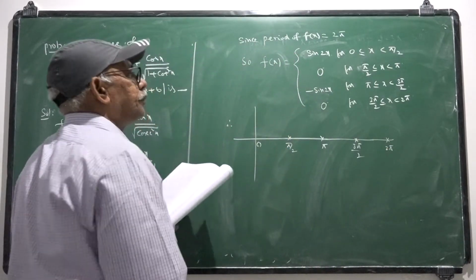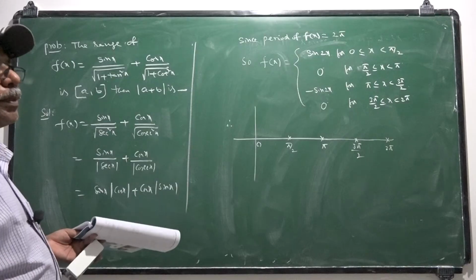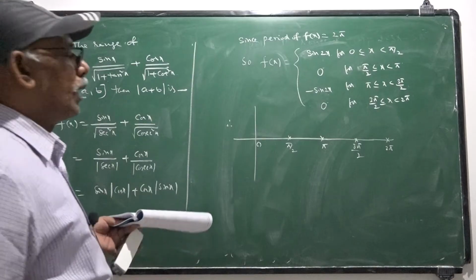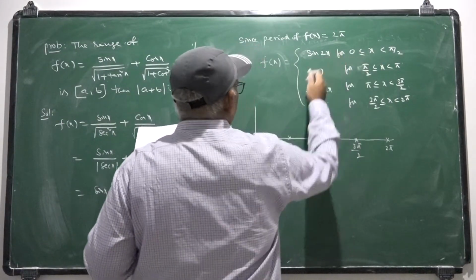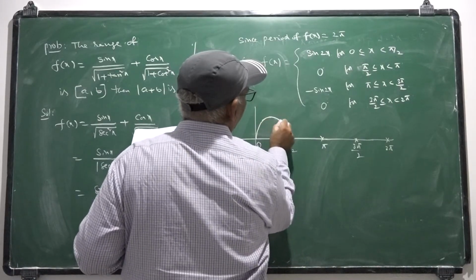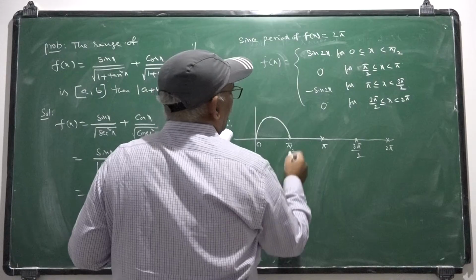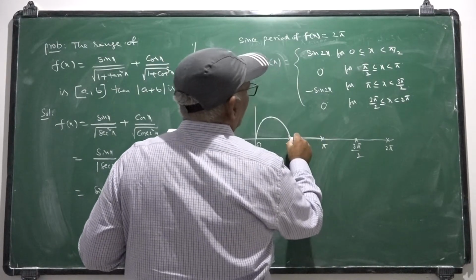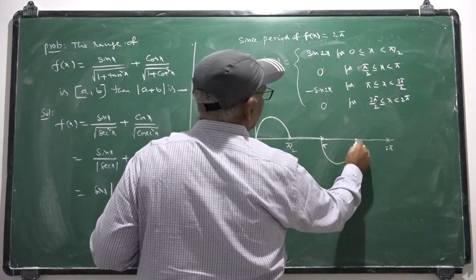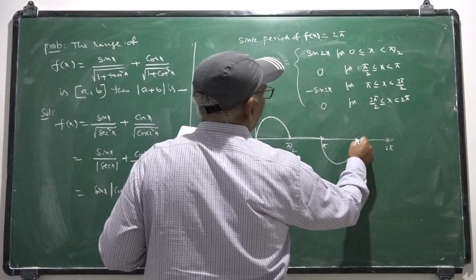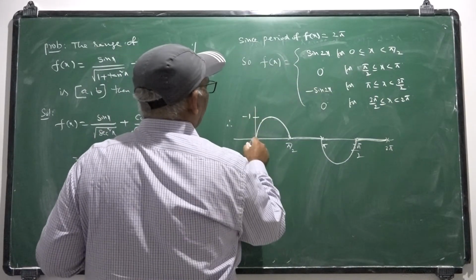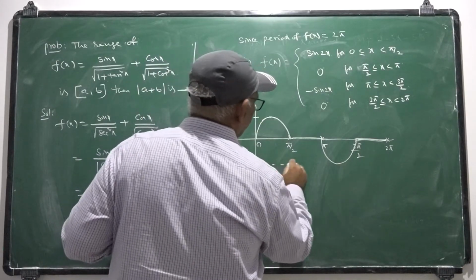X varies between 0 and pi by 2, it takes maximum 1. At x equal to pi by 4, it takes 1. So it takes positive values, and this is 1. And 0 in pi by 2 to pi. And in this one, it takes negative values like this, and this is 0, okay, like this. So this is plus 1, and of course this is minus 1.